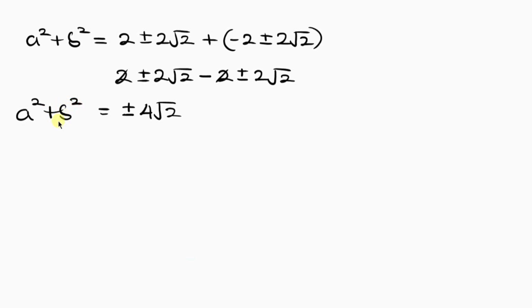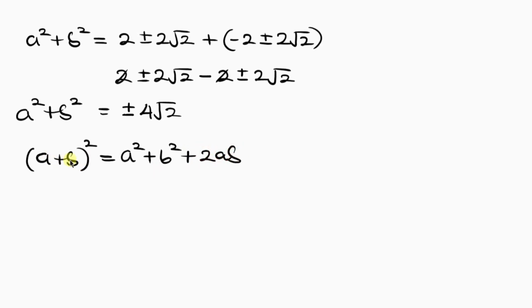Now remember the question says find the value of a plus b. So how do we find the value of a plus b? In order to do that, I'll be introducing a plus b raised to the power of 2. Let's go ahead and expand this. So this gives a squared plus b squared plus 2ab.